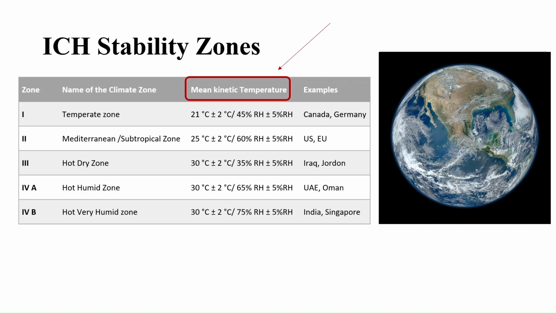But now if you see the mean kinetic temperature for zone 4B, it is 30/75. That means that if you keep your samples in this 30 degrees, 75% RH condition over a long period of time, it is going to have the same thermal challenge as would have been experienced over a range of both higher and lower temperatures. So this is basically a mean kinetic temperature.